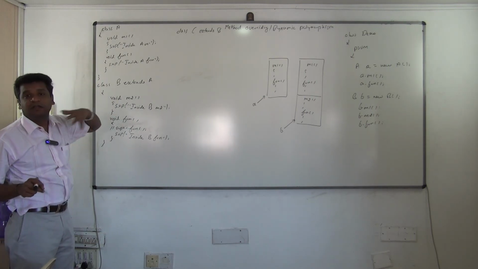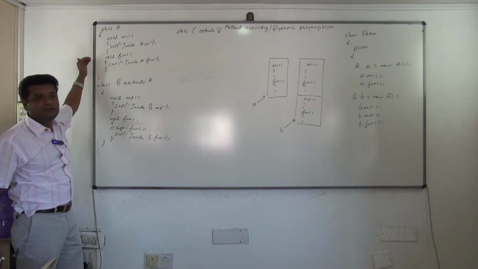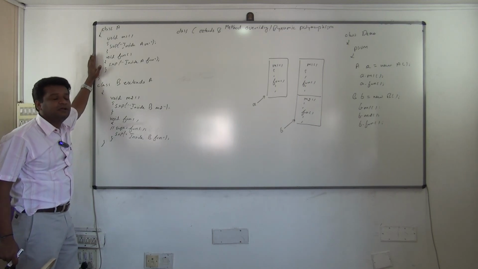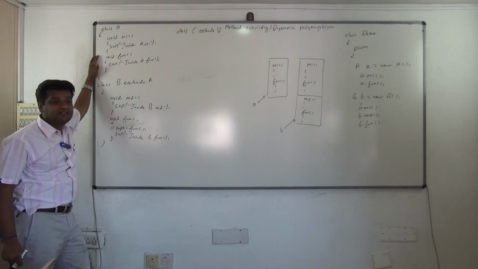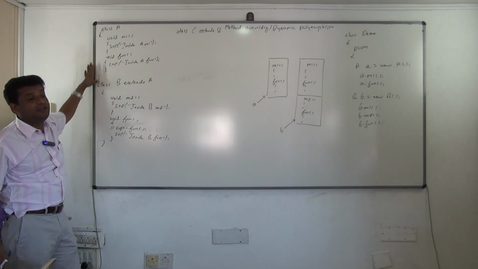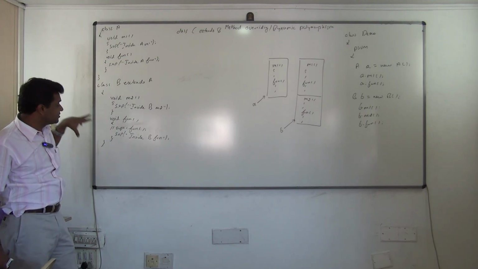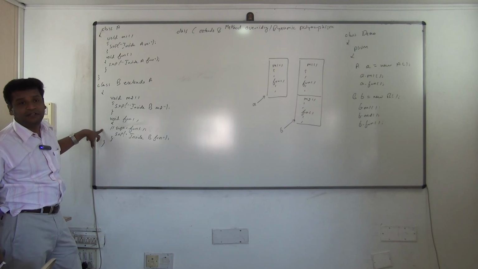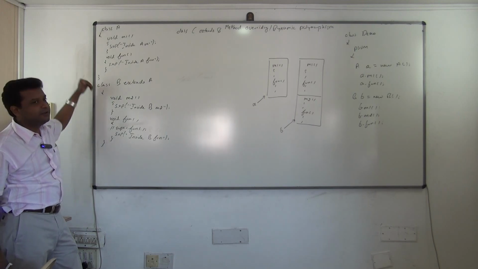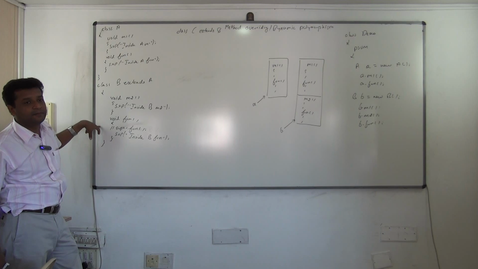Like one more developer now, what does he want? He wants the logic present in class A, M1. He wants the logic of M2 present in class B. But he doesn't want the logic of fun present in class B. He wants M1 and M2, but doesn't want the logic of the fun method in B.